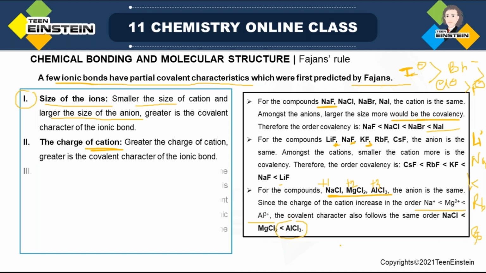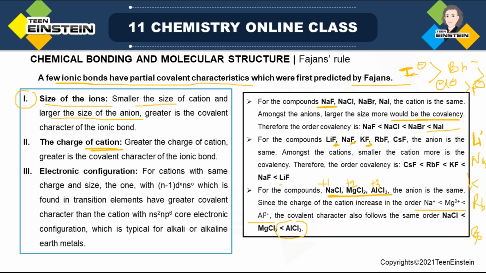So next point, electronic configuration. Now this point is also based on the cation. Suppose you have two cations, and both have the same charge and size.